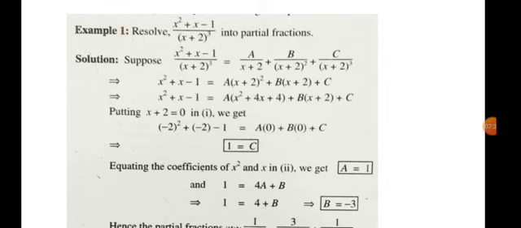Without doing anything else, we have calculated the value of a.